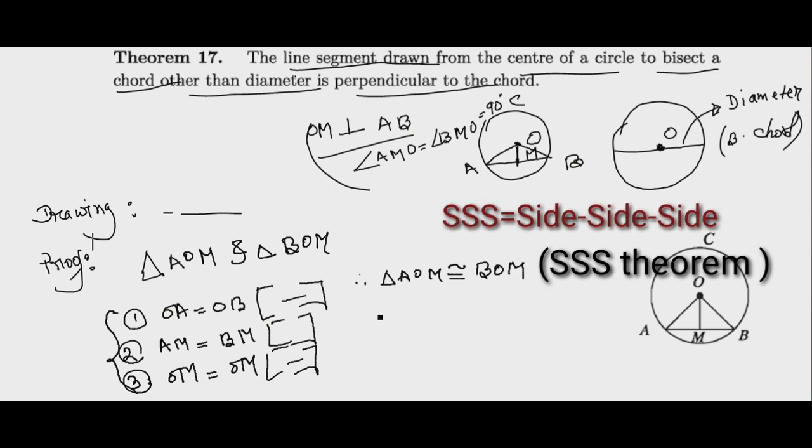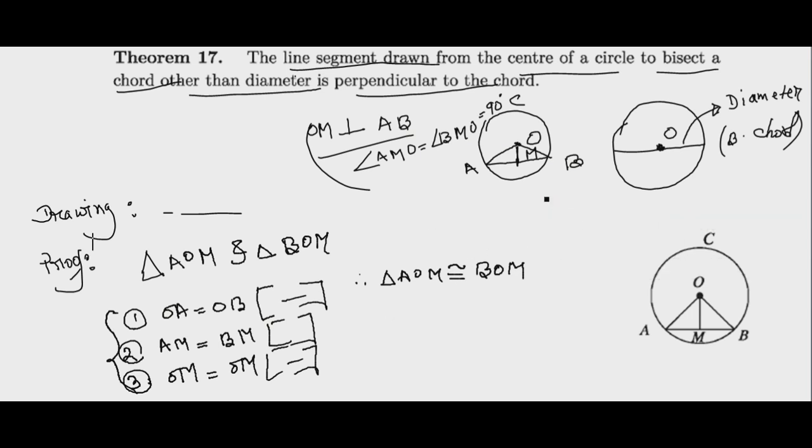When this is the case, we can say this angle will be equal to this one, like angle AMO is equal to angle BMO, and both of these angles will be 90 degree. If I take a straight line AB, we know a straight angle is equal to 180 degree.